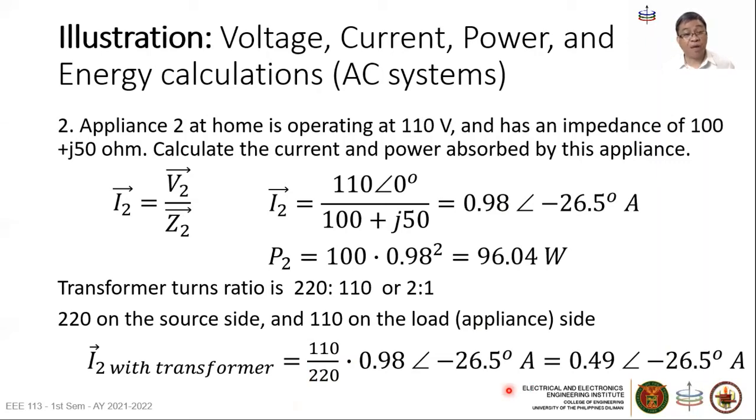You multiply it by a complex number, you get a complex number. The angle stays the same, but the current magnitude is now 0.49 amperes. Hopefully that makes sense. If we now have higher voltage on the high side of the transformer, the current should be lower than the original. If the turns ratio is 2:1, then current will be halved for the high side.